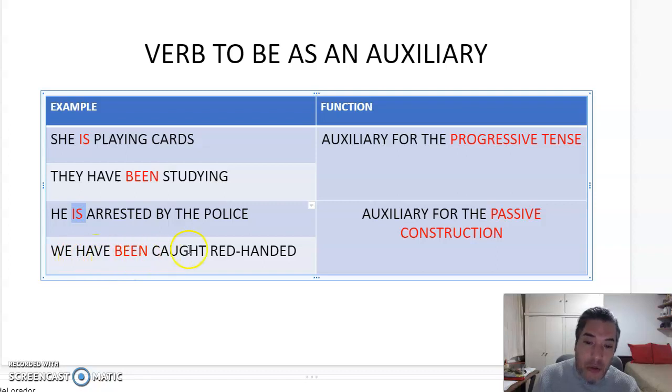We have been caught red-handed. Nos agarraron con las manos en la masa. And this been, it's an auxiliary.